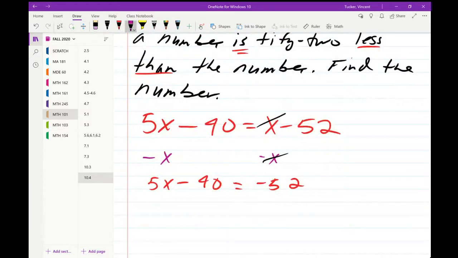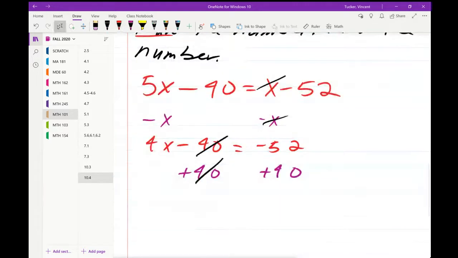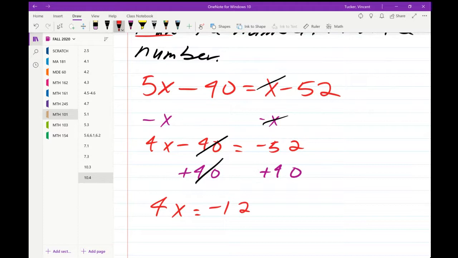Then we can add 40 to both sides. And I didn't put 5, it should be 4x. 5x minus 1x is 4x. So now add 40 to both sides. 4x is equal to negative 12.